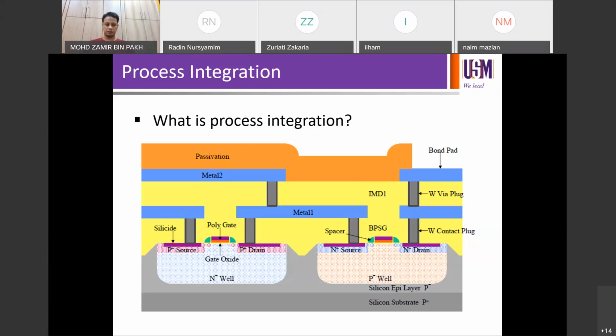So all these processes combine in certain sequence, in certain ways, in order to fabricate your semiconductor device. So be it integrated circuit, solar cells, lasers, LEDs, and whatnot, right? Power device, more or less the content that I've mentioned in the presentation topic.